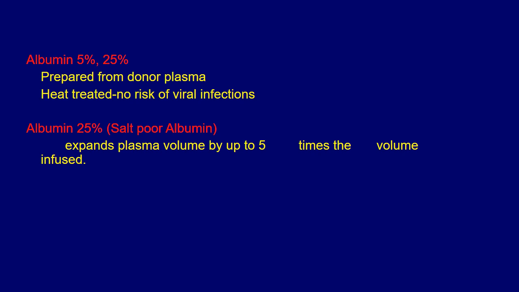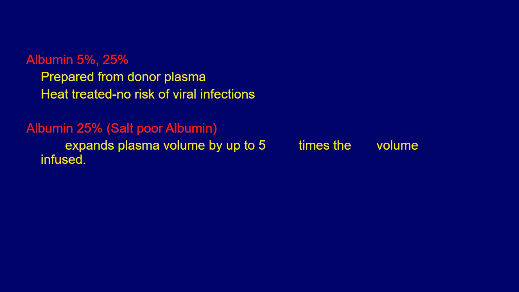Then there are different albumin solutions as examples for colloids. Now, some albumin solutions are prepared from donor plasma. Then there are synthetically produced albumin solutions also prepared from genetic engineering. So, albumin 5% and 25% are prepared from donor plasma, and those are heat treated, therefore, there's no risk of viral infection transmissions.